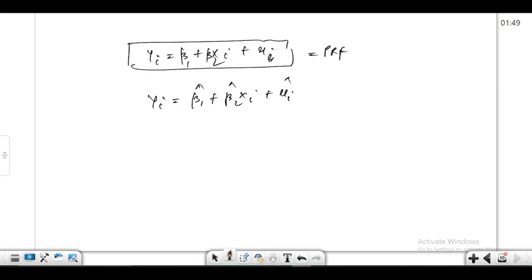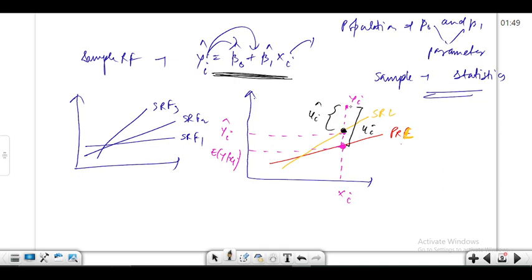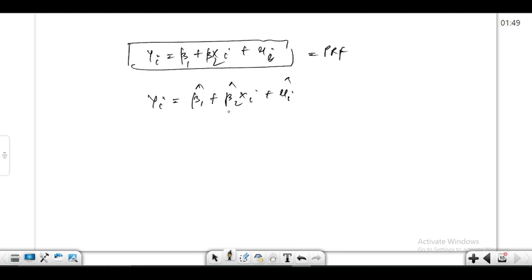This is coming from here: your yi is basically your yi hat plus ui hat, where this represents your yi hat. So yi is equal to yi hat plus ui hat.